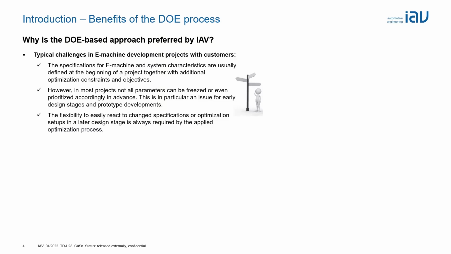However, in most projects, not all parameters can be frozen or even prioritized accordingly in advance. This is in particular an issue for early design stages and prototype developments. The flexibility to easily react to changed specifications or optimization setups in a later design stage is always required by the applied optimization process.